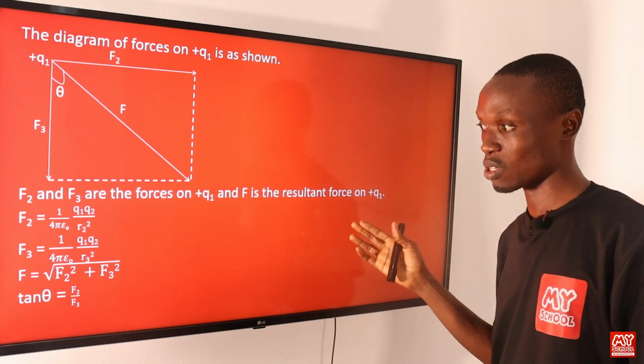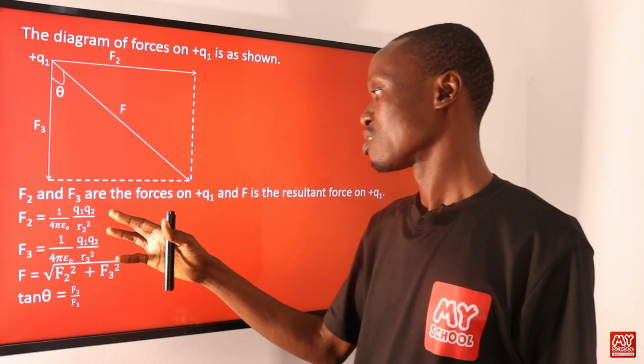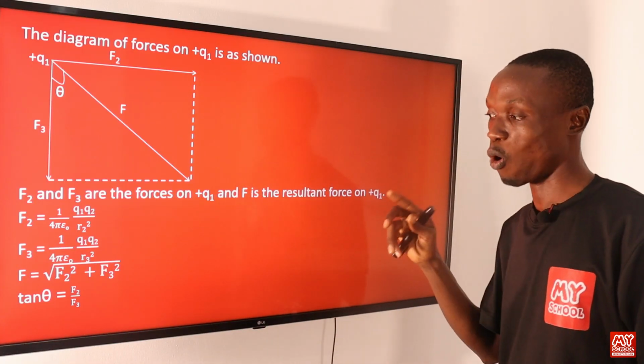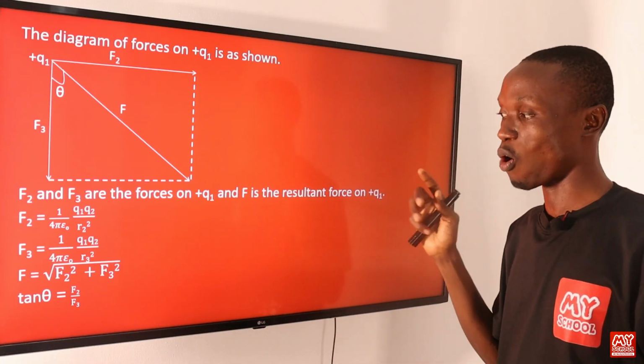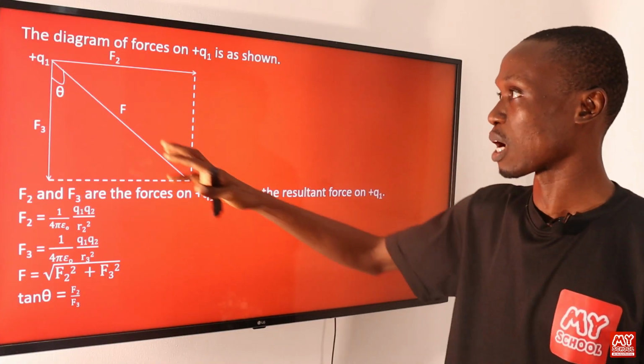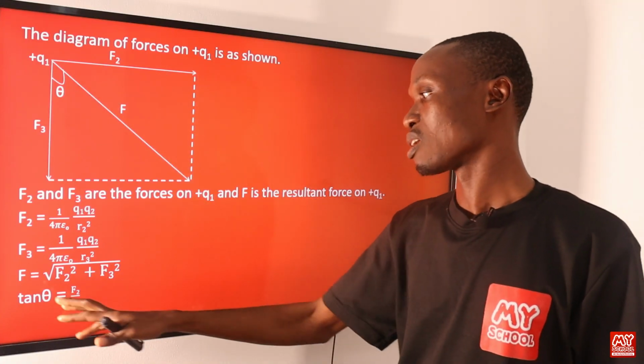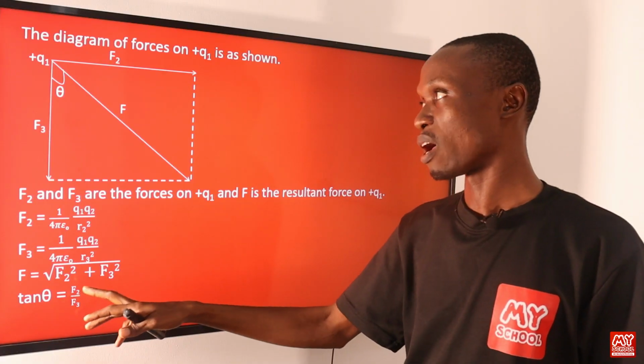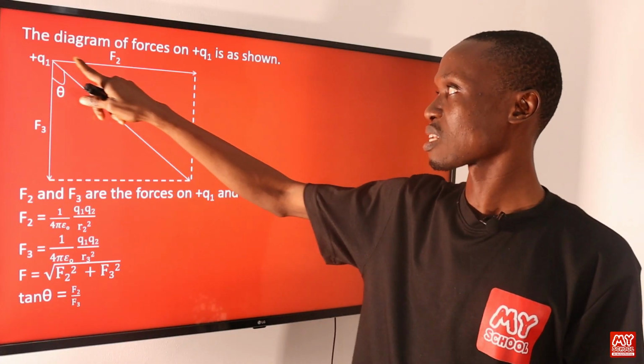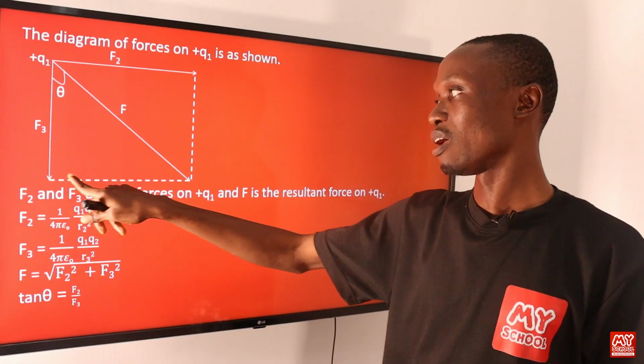To calculate the resultant, we simply take the square root of the square of F2 plus the square of F3. For us to calculate the angle formed, remember that this line is also parallel to this line.